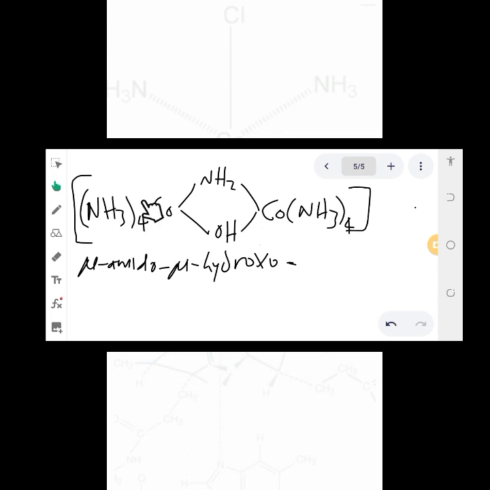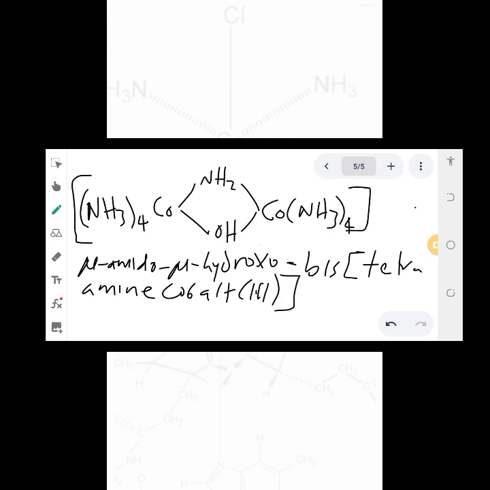So we can just name one part, then we add what? Bis, then your square bracket. So since we've added bis, we can just name one part of the compound. So bis tetraamine cobalt 3, then you close the square bracket.